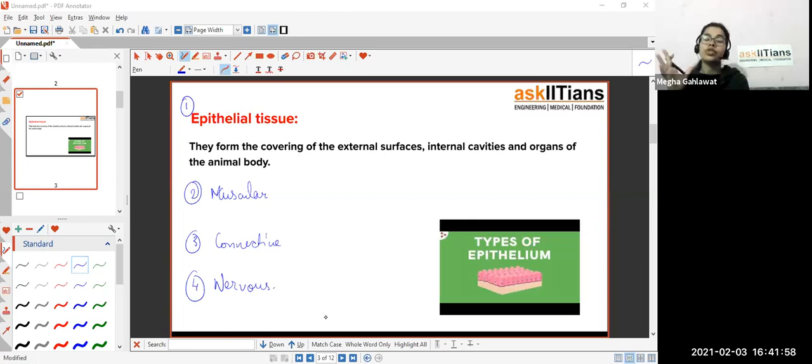Now see, epithelial tissues basically are present on the lining of the free surface, right? And these serve the functions of protection, secretion or excretion, and they form different kinds of receptors. Now remember, in the 8th standard you learned about the endocrine system in the chapter Adolescence. There you must have learned how hormones act upon the different target organs present in a body, right?